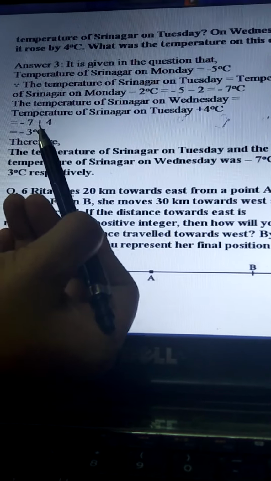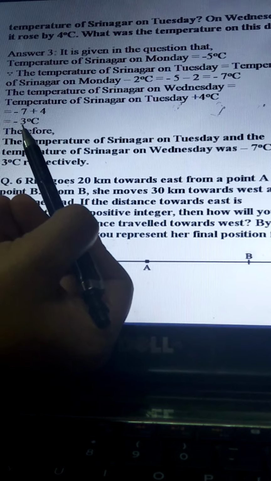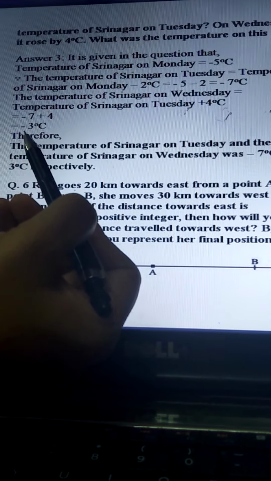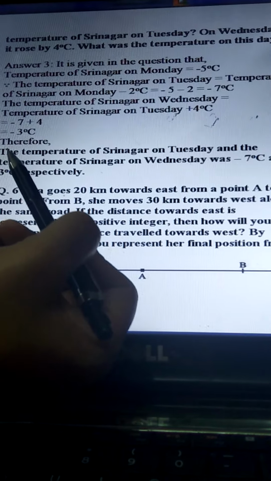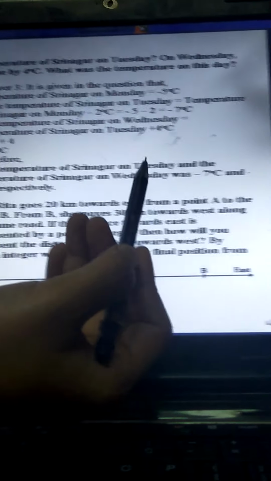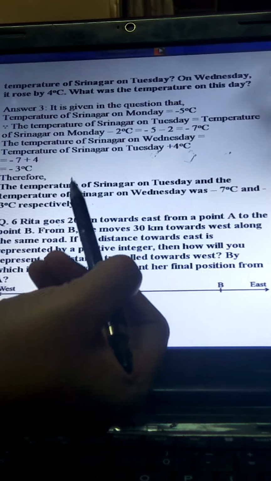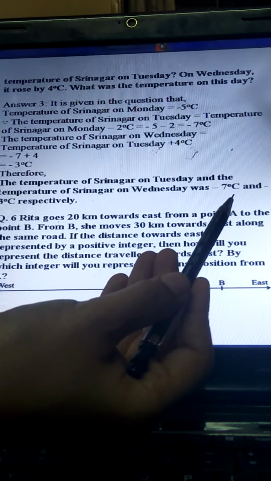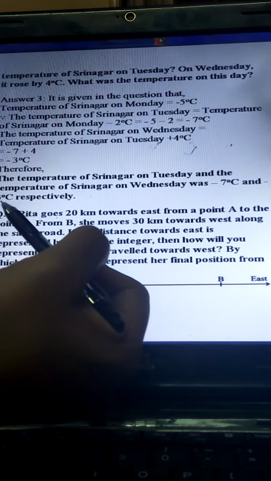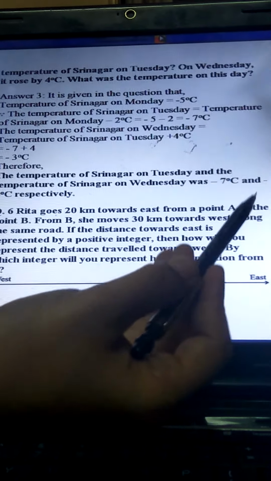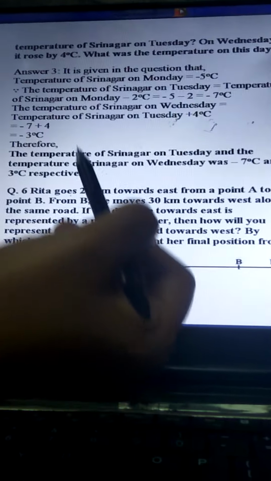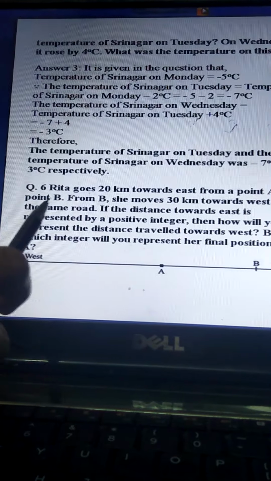Minus plus minus. 7 minus 4 is 3. But the sign of the bigger number is minus, so that minus will come in front of the result. Therefore, the temperature of Srinagar on Tuesday and on Wednesday was minus 7 degrees Celsius and minus 3 degrees Celsius respectively. Right, students? Now let us discuss the next question, question number 6.